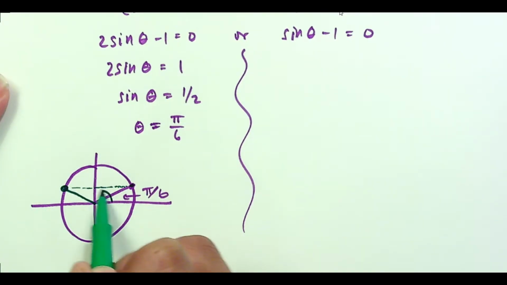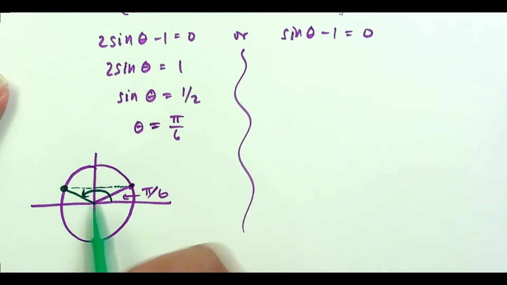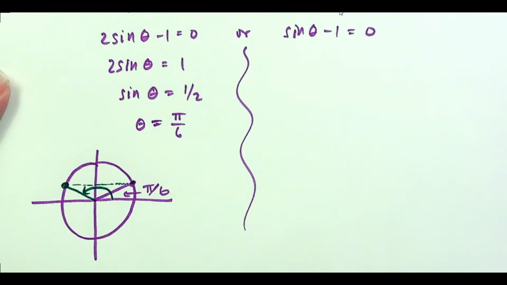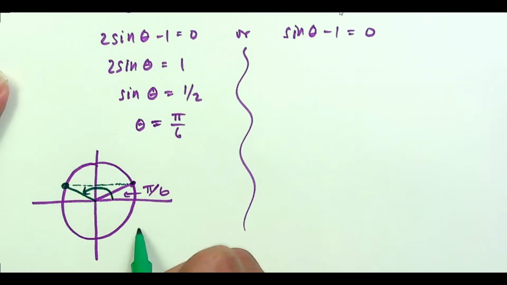What is that angle right there in the picture? Well, it would be almost the full 180 degrees, or pi. So it would be almost pi, but with this little piece missing. This is symmetrical, so this little piece is the same as that one. So that means I would do pi minus pi over 6.